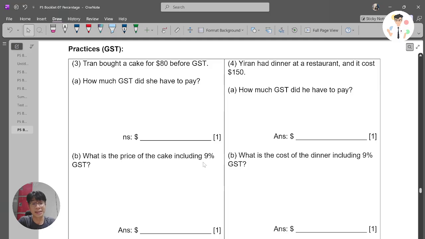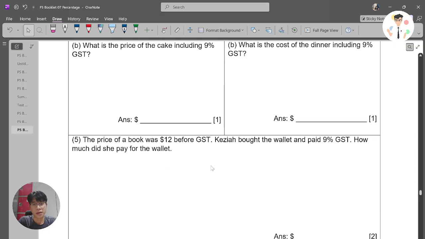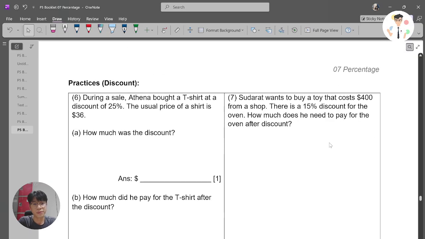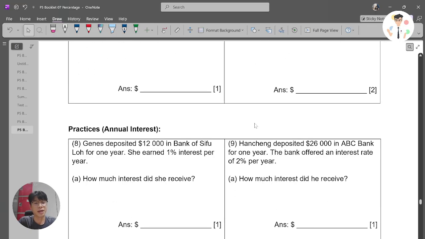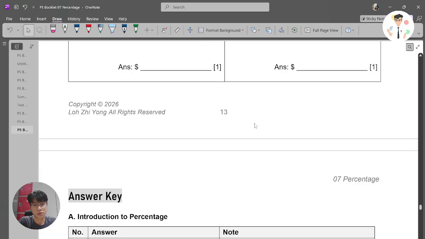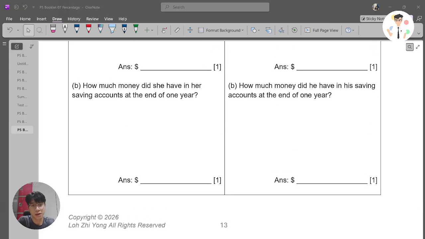What is the price including the 9% GST? Then $12 before GST, pay 9% GST, or maybe see some discount. The usual price is 36, but the discount is 25%. And then there are interest questions. These are the questions that you'll be seeing at this stage.